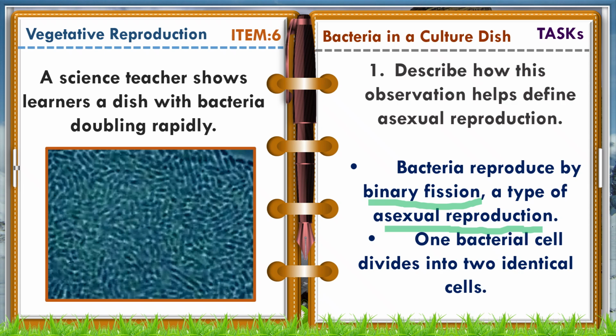That means that one bacterial cell divides into two individual cells, like the way we have seen here. Each bacterium divides into 2. Those 2 then divide into 4, and they go on multiplying like that, and they become very many. Where one parent divides into 2 is what we are referring to as binary fission.